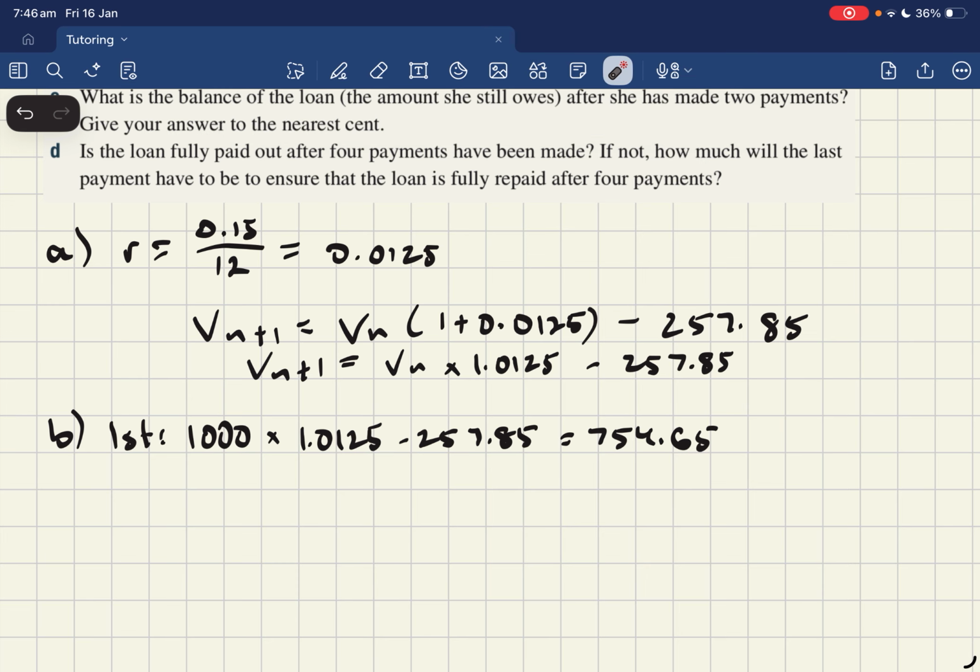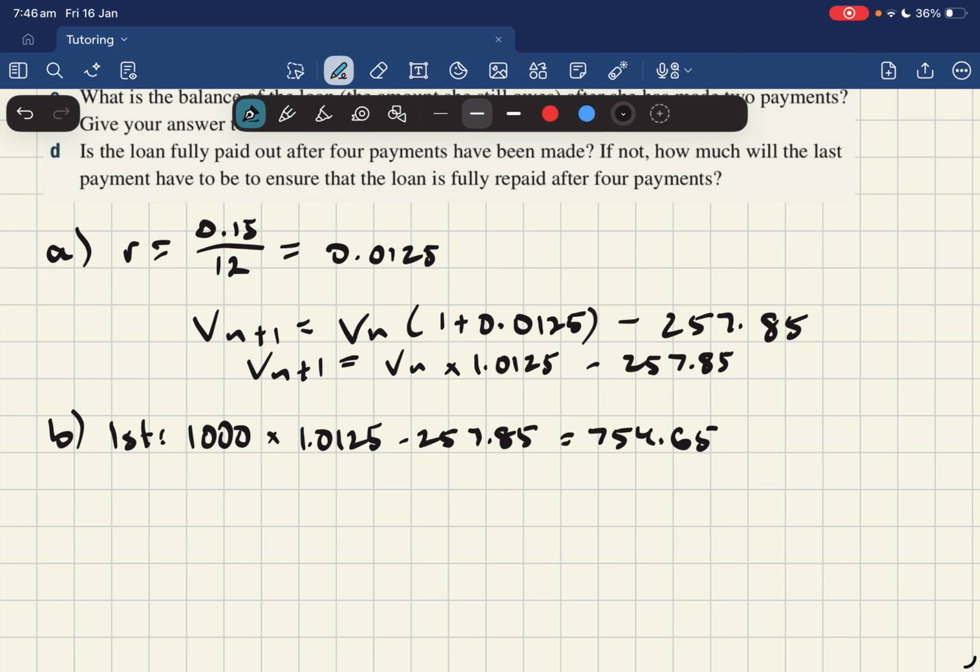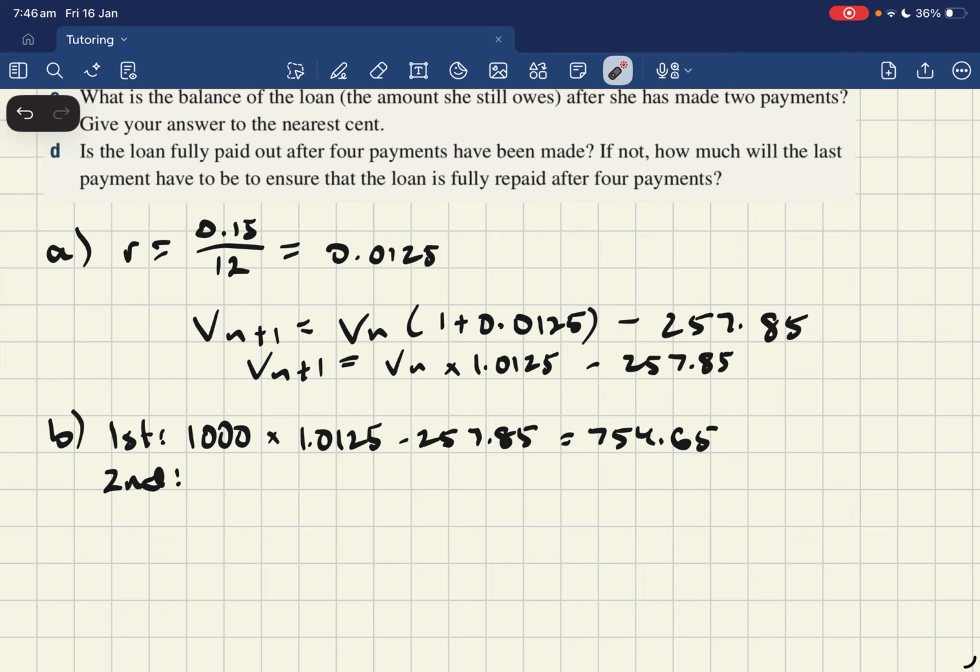That's what we mean by first here. For the end of the second month, we take our previous amount. Remember, we are taking the previous amount into here and then applying the recurrence relation again. As we keep going, V of n plus 1 just becomes the next month as we go.